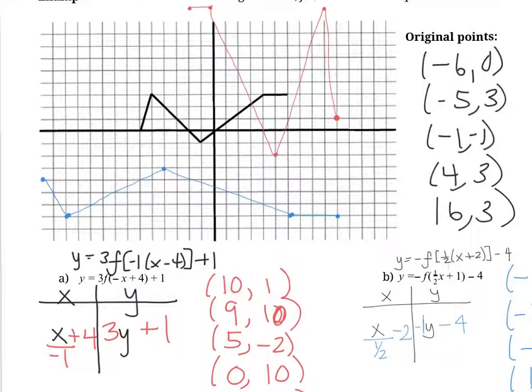There should be a horizontal stretch, and that's clearly happened. We can see that these x values have gone from this domain to a much wider domain. Our x's should have been shifted to the left too. That's also happened. It's generally shifted to the left and moved down 4, and this has also happened.